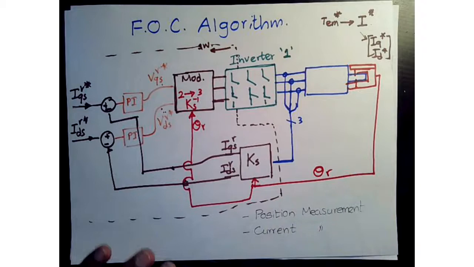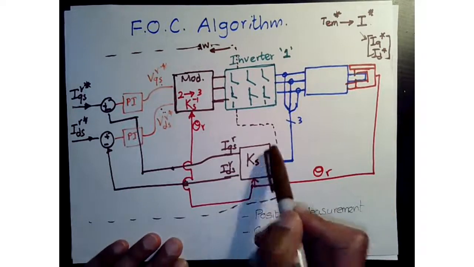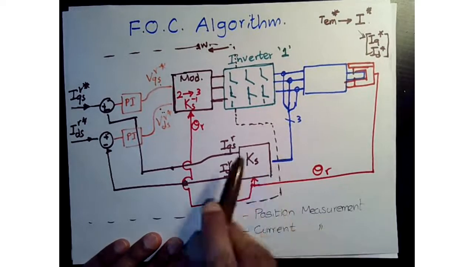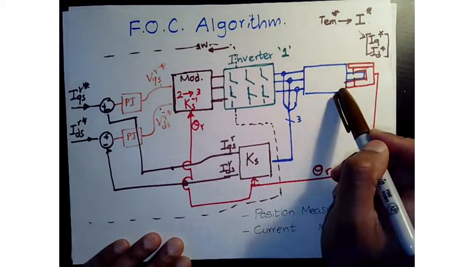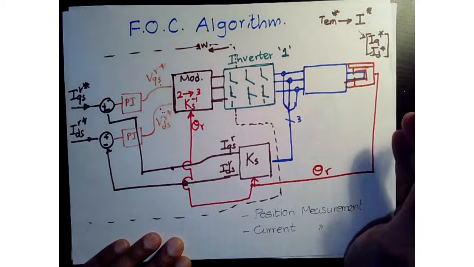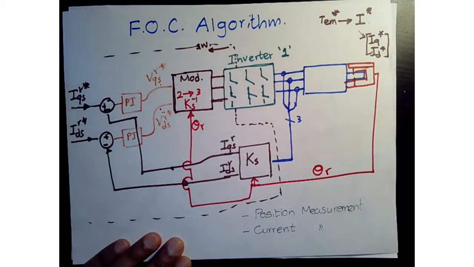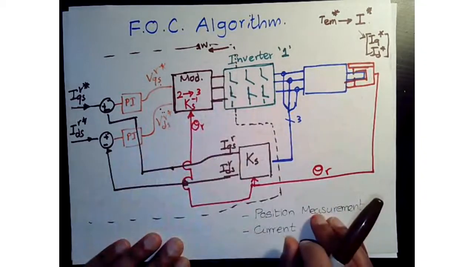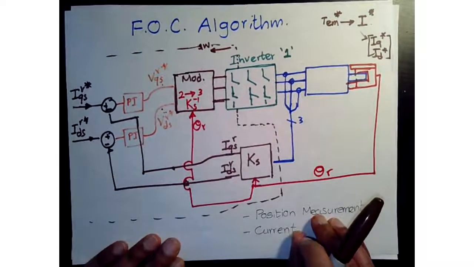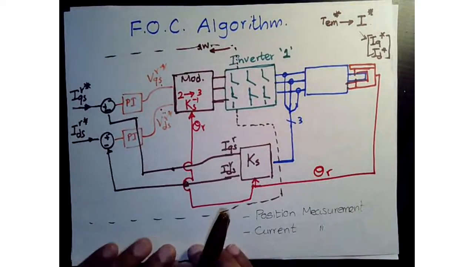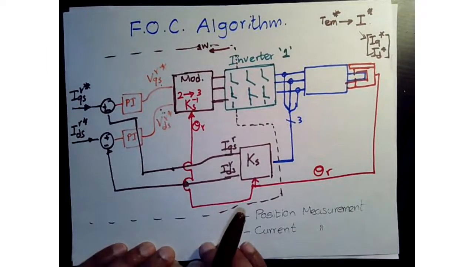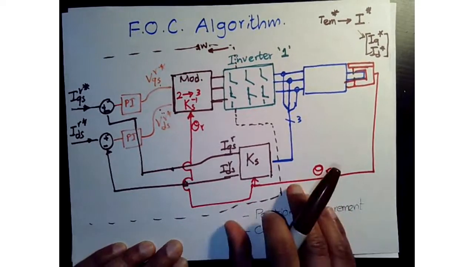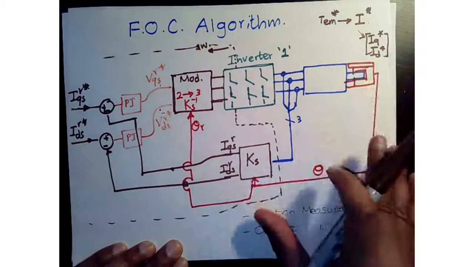All right, so try to understand and think of what this transformation is doing to the variables, and how it is making the machine look like a DC motor. When you try to think along those lines, this will be much more clear. And I even want to go to the next step, and I want to challenge you to design or build a Simulink model to do field oriented control.